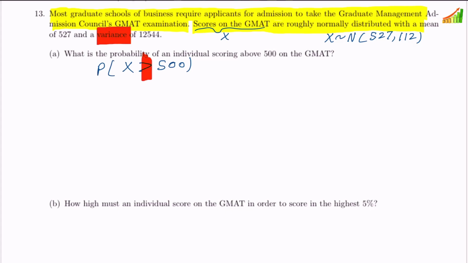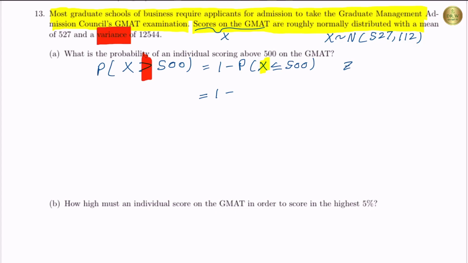If you see greater than or greater than or equal, you should write first 1 minus the probability x less than or equal 500. Now you see here we have x, so we need to convert x to z.